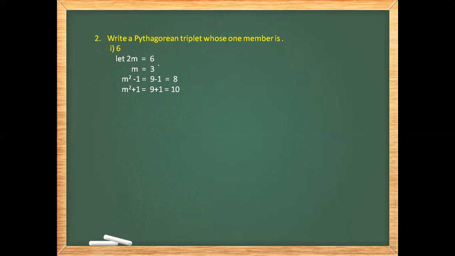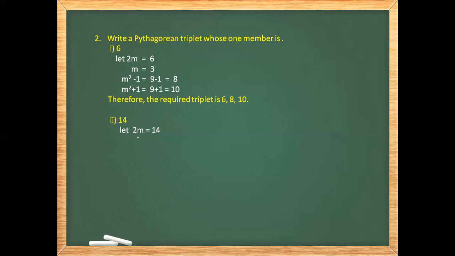So what I got? 2m is equal to 6, m squared minus 1 is equal to 8, m squared plus 1 is equal to 10. So therefore, the required triplet is what? 6, 8 and 10. Now, see another example. I have taken the second example as 14. So I will consider 2m is equal to 14.